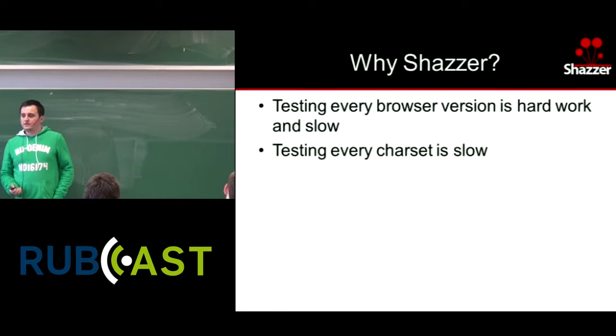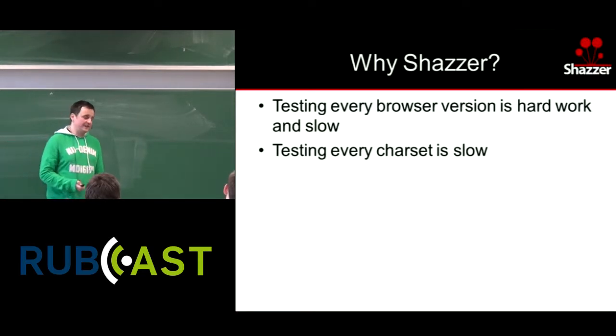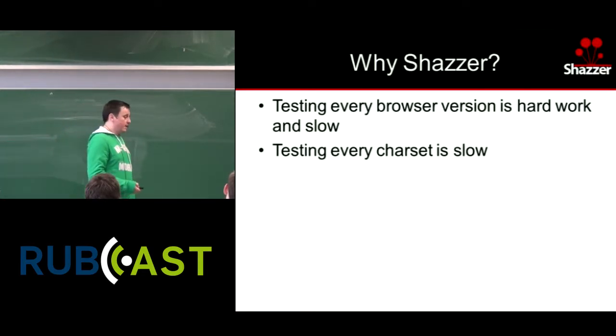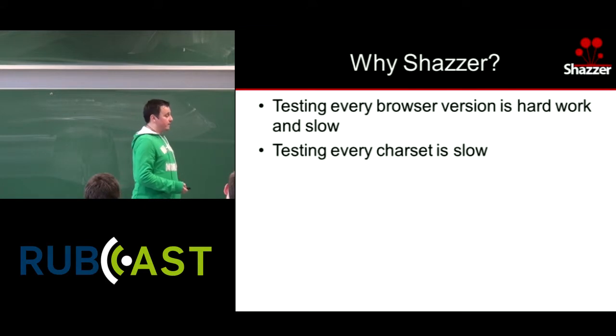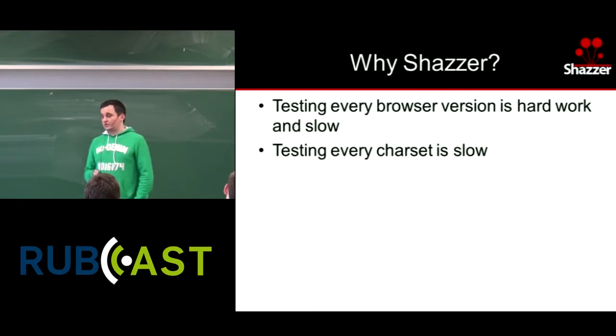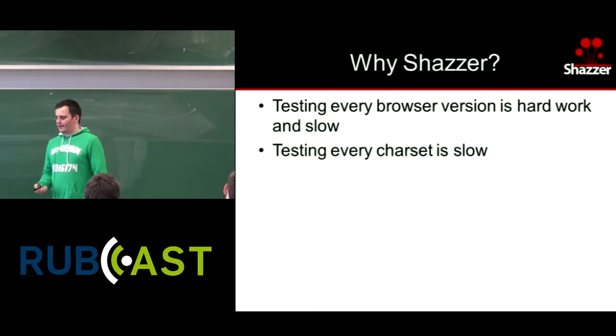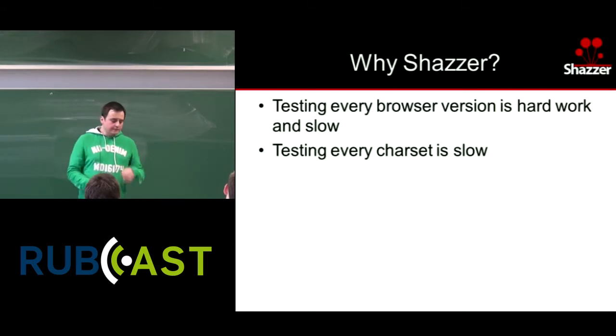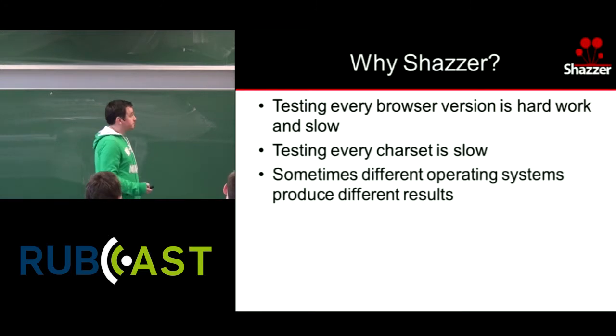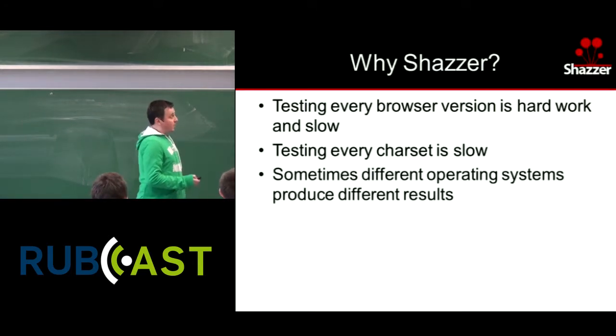So it's slow. Testing every character set is slow as well. If you've got UTF-8, if you've got Shift-JIS or the Japanese character sets, it's going to take you a long time to go through all that.